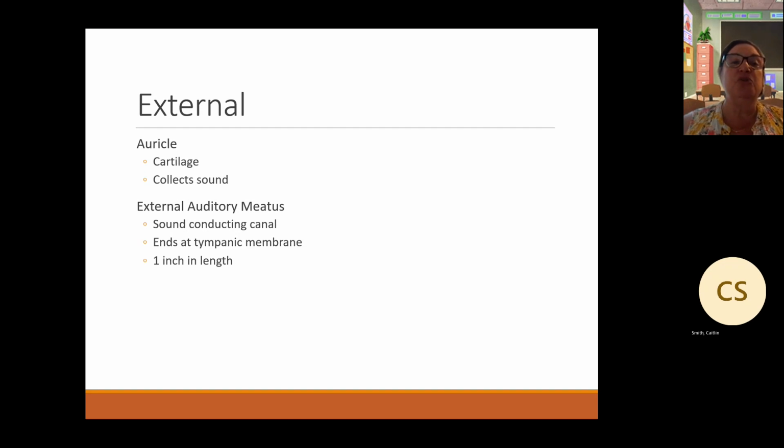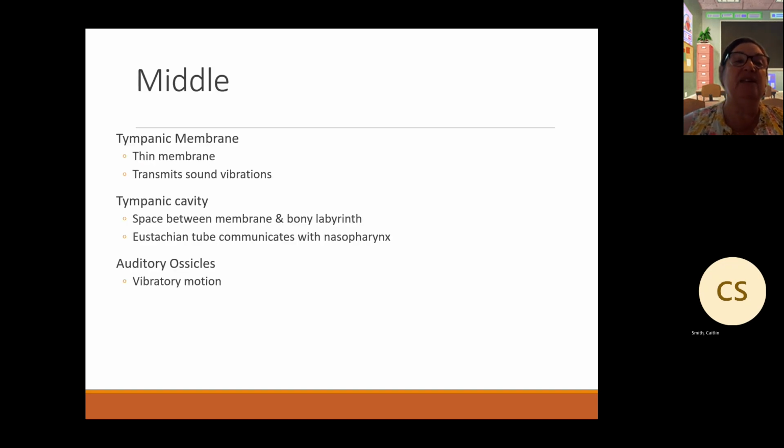The external auditory meatus is simply a sound conducting canal. It ends at the tympanic membrane. The tympanic membrane is where the middle ear begins, and that's basically just a thin membrane that helps transmit sound vibrations.